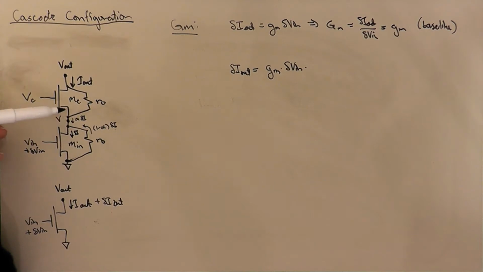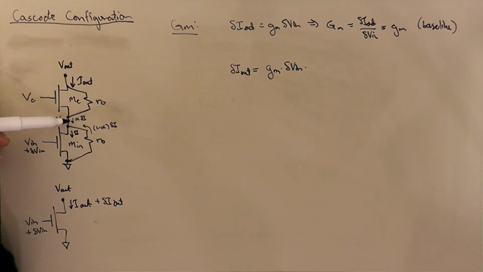Well, we can express this in terms of the conductance of the branch we care about, divided by the sum of the branch conductances.